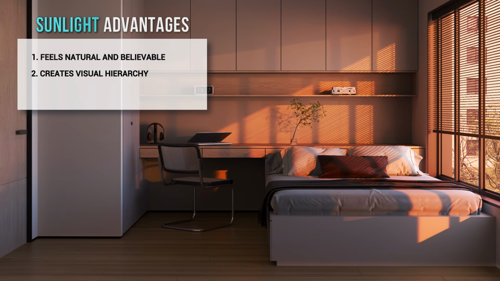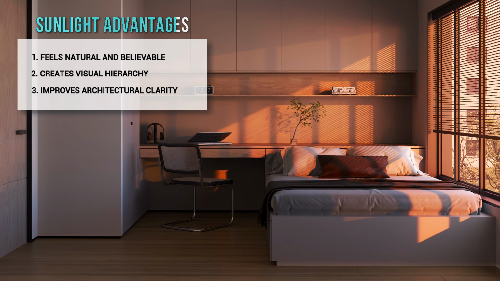Sunlight also creates visual hierarchy. It helps you control where the viewer looks first, using light to emphasize important areas of the room, and it improves architectural clarity. Forms, edges, and spatial depth become easier to read because light has intention.